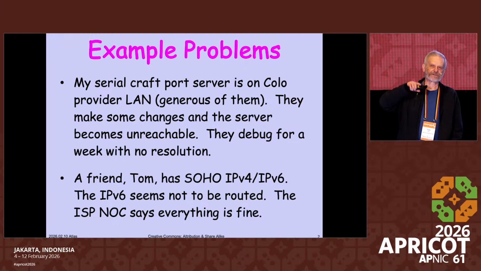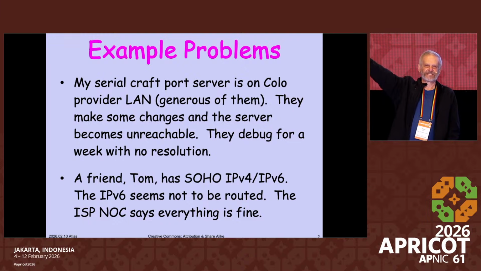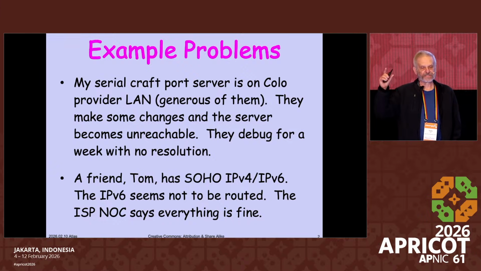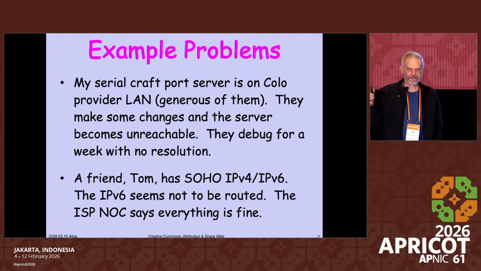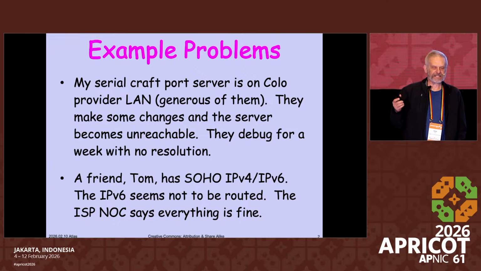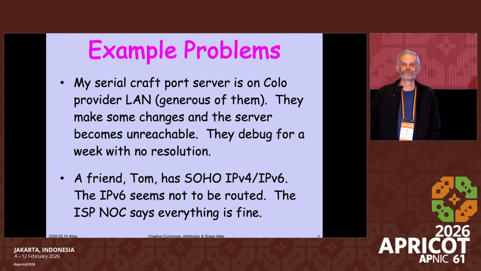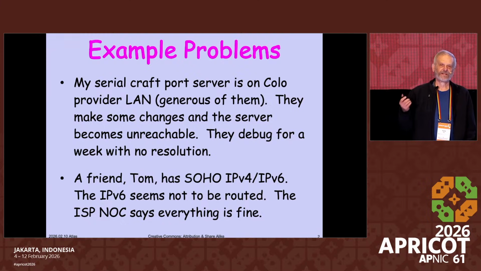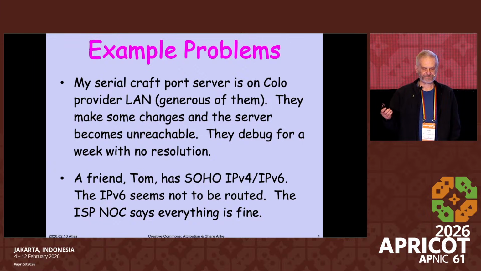So that serial controller is connected to a whole other network. And it was the colo provider's network, which was generous of them to let me connect to it. But they made some changes and the server became unreachable. And they wanted to work on debugging it. No resolution for a week.